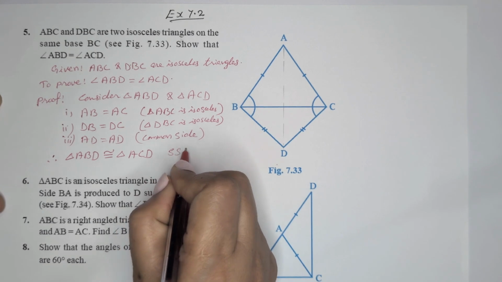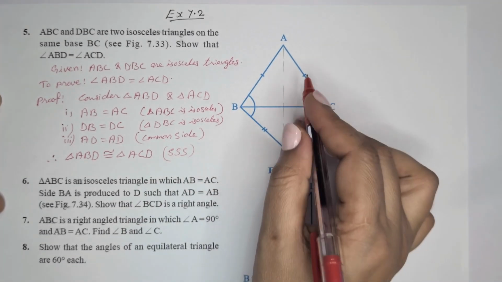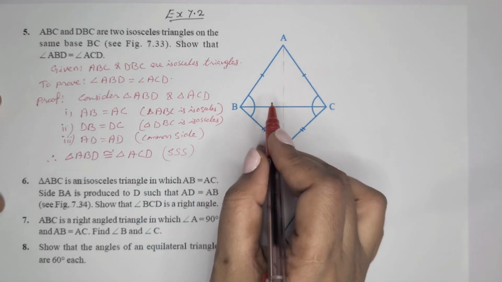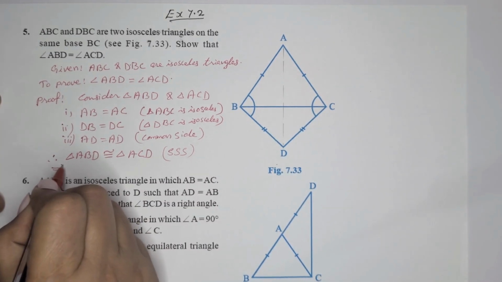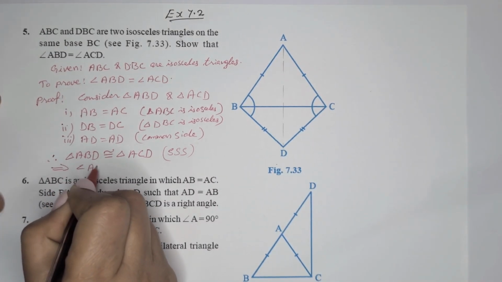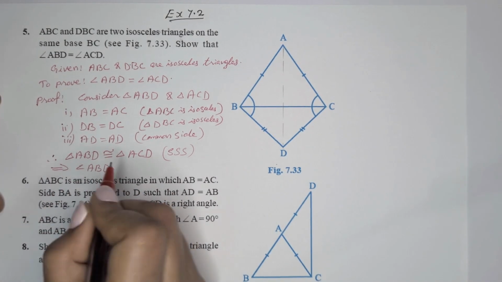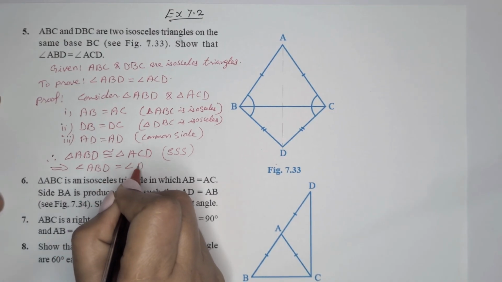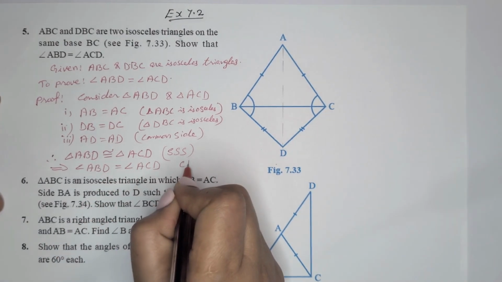So SSS congruency. These two triangles are congruent, then we can write these angles, which implies angle ABD is equal to angle ACD by CPCT.